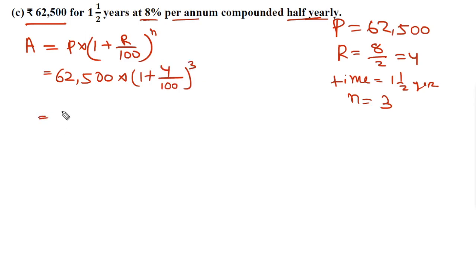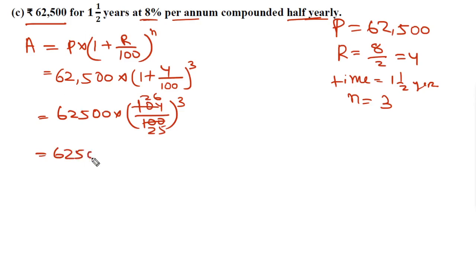So it will be 62500 into 104 by 100 to the power 3. Now you can cancel it here. It will be 25 here and 26 here. So it will be 62500 into 26 cube over 25 into 25 into 25.